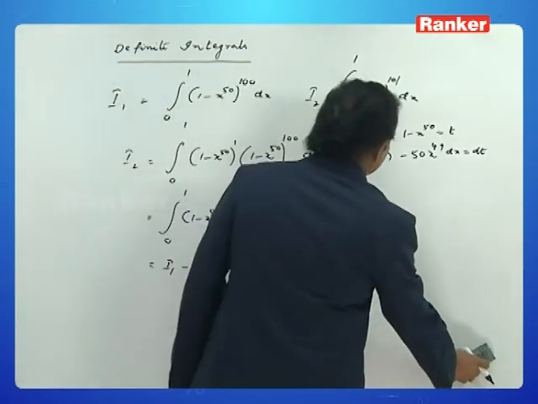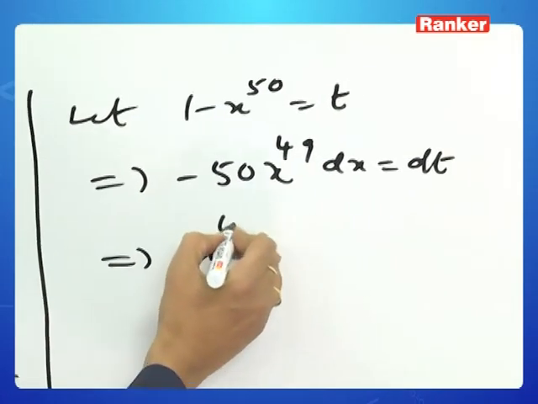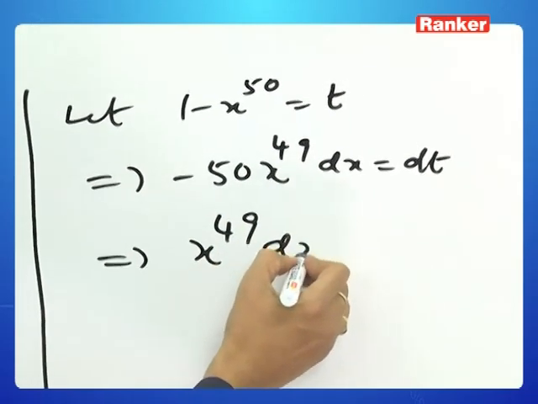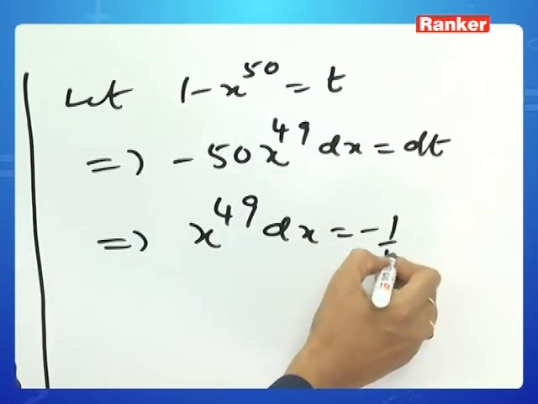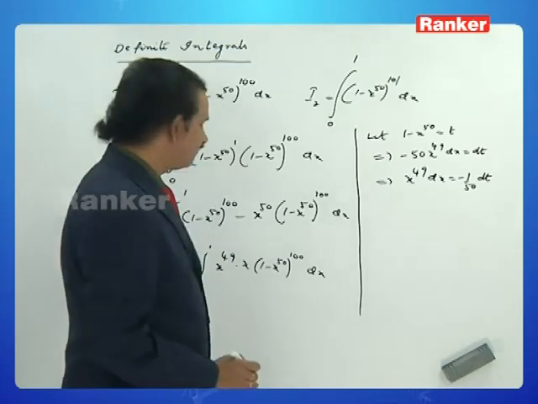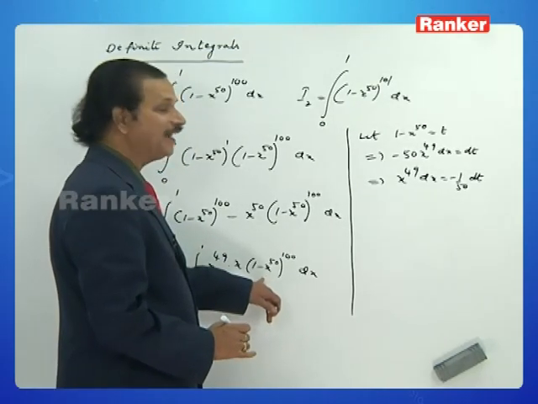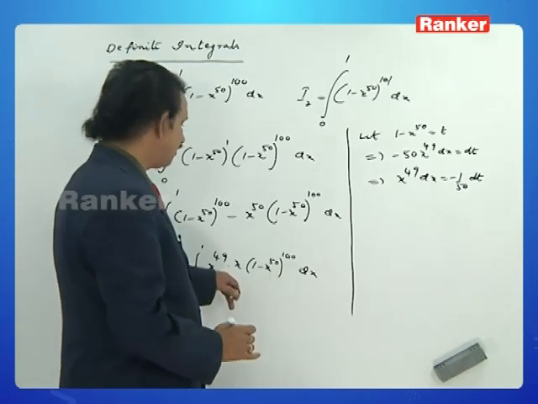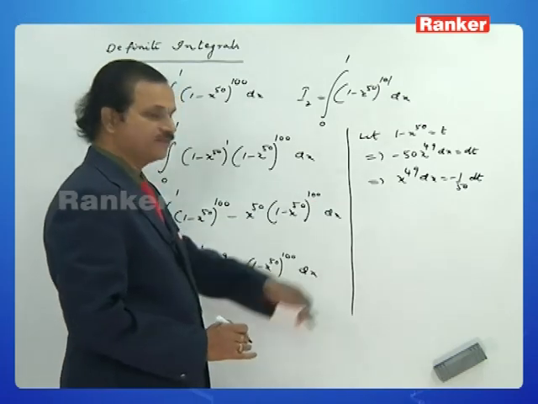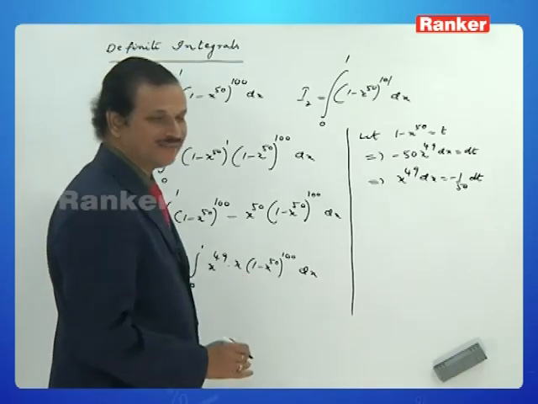Just a minute. From this, x to the power of 49 dx is therefore minus 1 by 50 dt. Everything is okay. For 1 minus x to the power of 50, we write t. For x to the power of 49 dx, we write minus 1 by 50 dt. What should you write in the place of x?